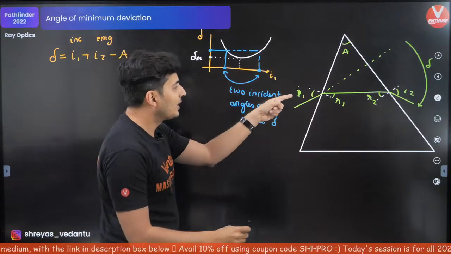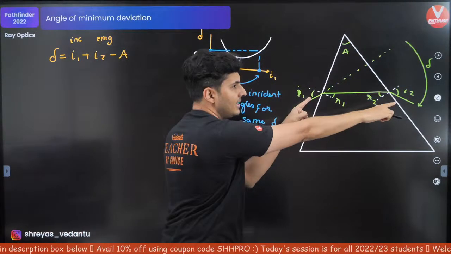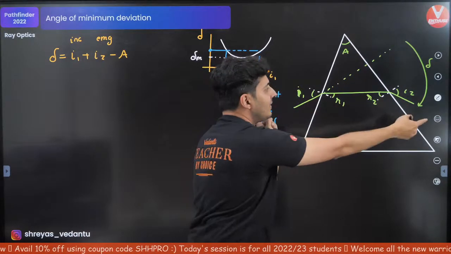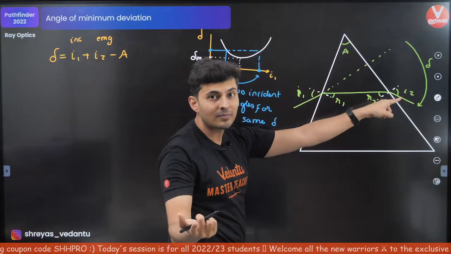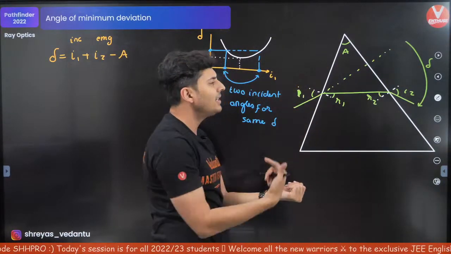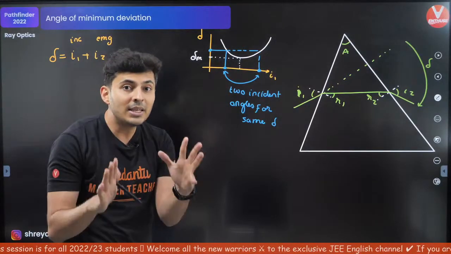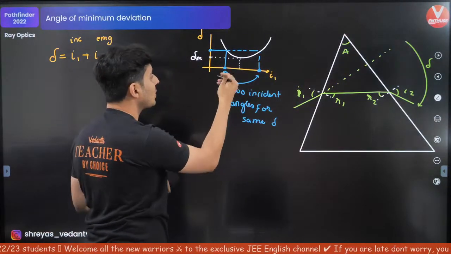If for some angle I1, I get some delta, and I reverse the direction of light, then this I2 will become incident and it will again have the same deviation the other way around. Understood?